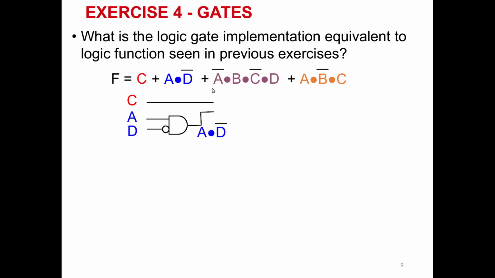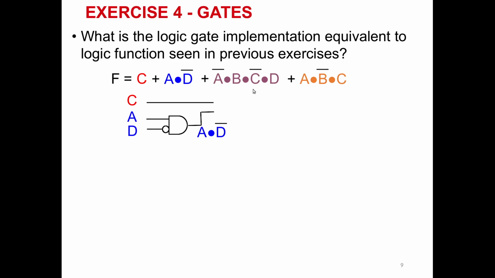The next AND calculation will be this one, not A and B and not C and D, which is a little bit more complicated with 4 input values. So we will separate them into 2 groups of not A and B, and then not C and D, and then we make a final AND of those together.